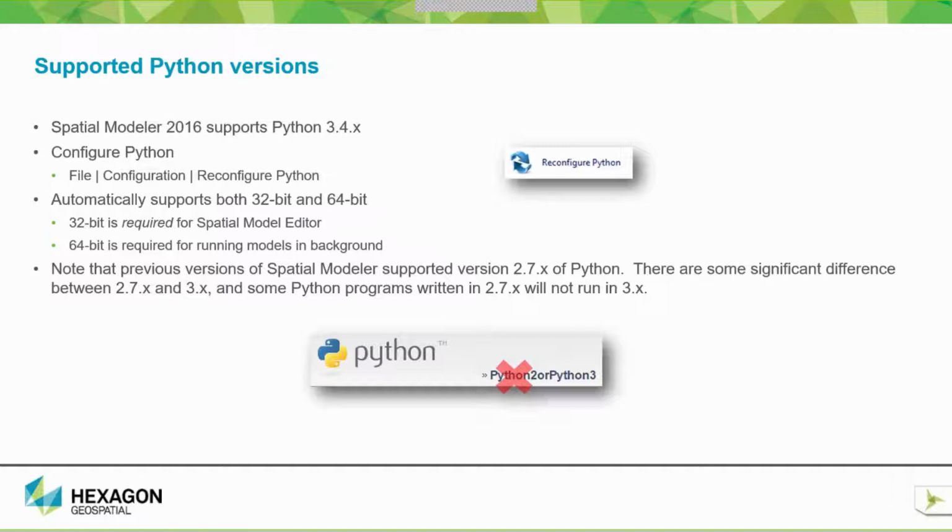If you want to run your models that use Python operators in the background or in a batch mode, and you're running a 64-bit SM process, then you need to have 64-bit Python. If you only have 32-bit, your models will not work. You have to have the version of Python that matches the 32 versus 64-bit version of the executable you're actually running.